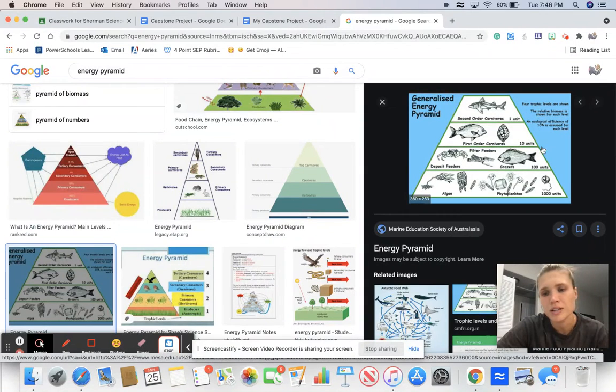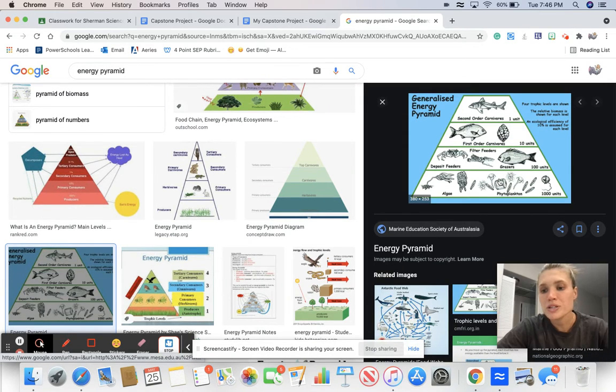I have my primary producers on the bottom, my primary consumers right here, my herbivores, then secondary consumers, and then my top predator on top. All I would have to do is take away this triangle and draw arrows to what eats what. If you don't remember what eats what, that's fine, but you're going to have to look it up. We've done this before, how to look this up on Google, so I'm convinced that you guys can do it just fine.